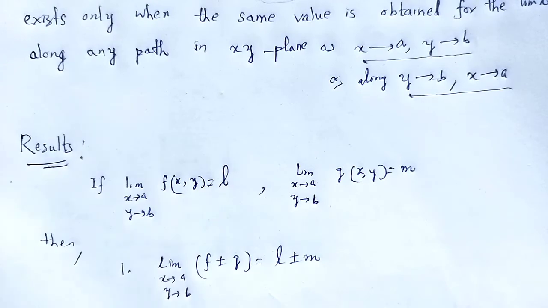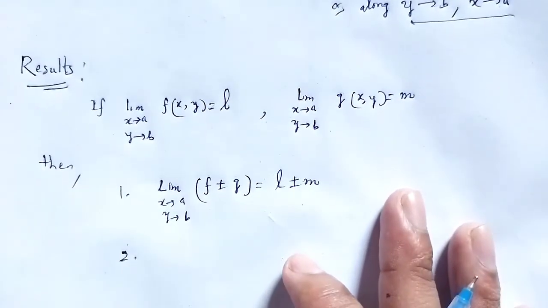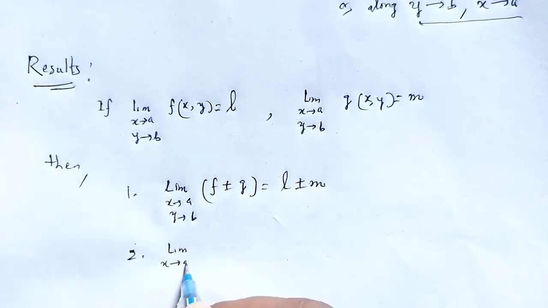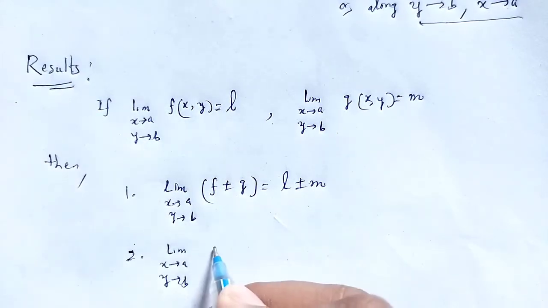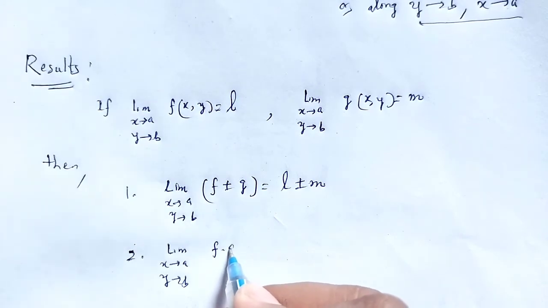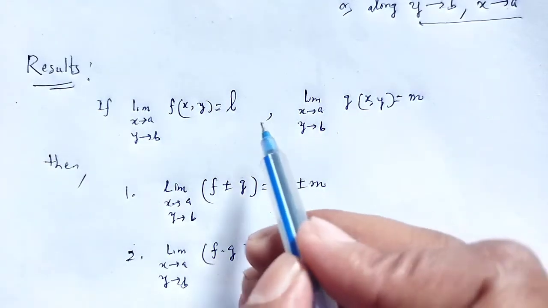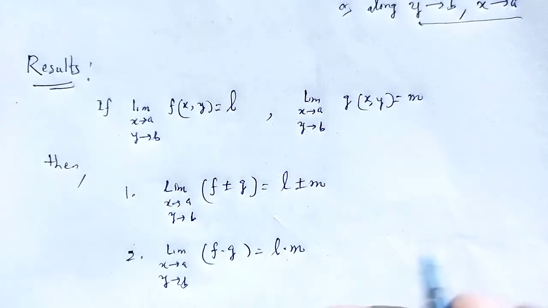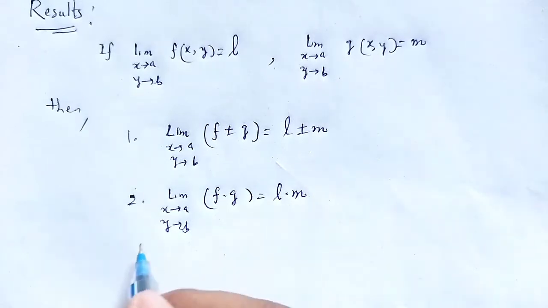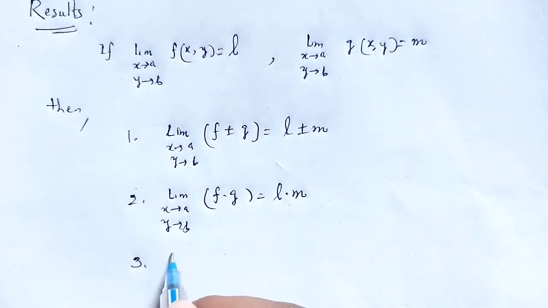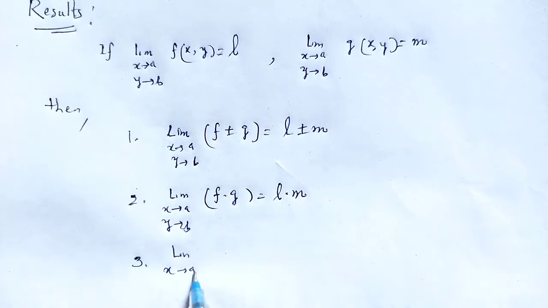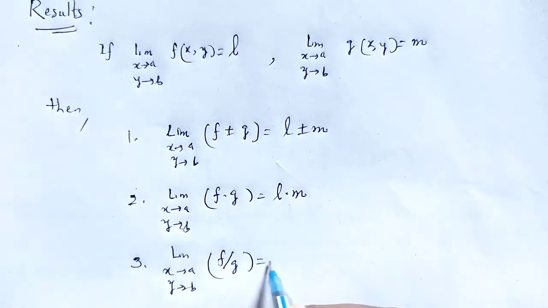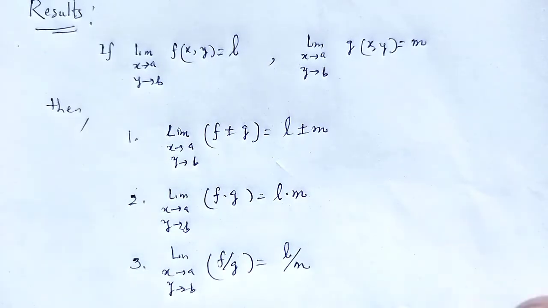For multiplication, limit of f into g is l into m. For division, limit of f divided by g is l divided by m.